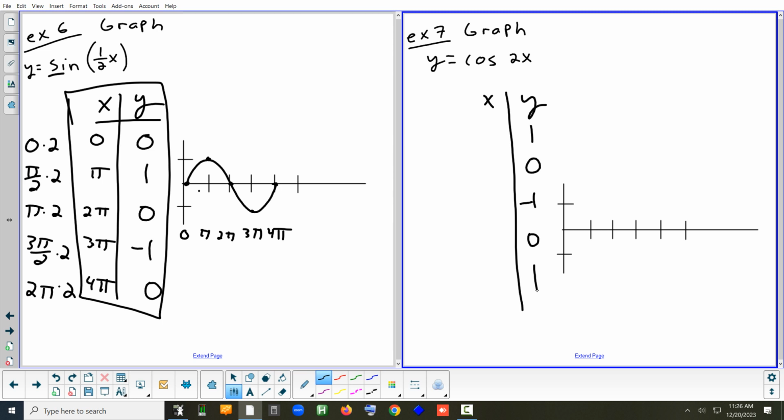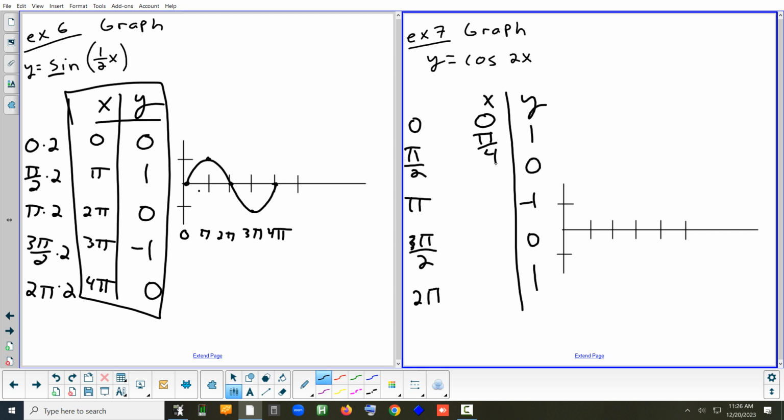Okay, original x's, I'm just going to put them for reference. And now we're going to take all of those x values and divide them by 2, which basically means take half of it. So I'm going to have 0. What's half of pi over 2? Pi over 4.